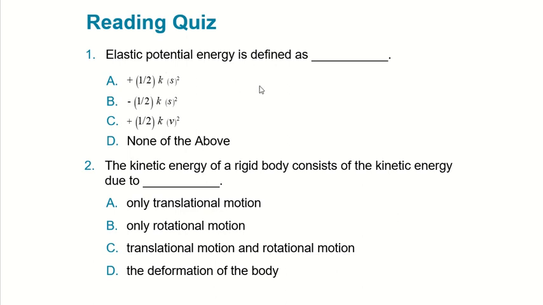So elastic potential energy. After you have read it, you can point it out as this: 1 by 2 k, k is elastic, so it's kind of like your spring, and then of course the position, the whole square. The kinetic energy of a rigid body consists of kinetic energy due to, since we're dealing with a rigid body, translation and also rotation.